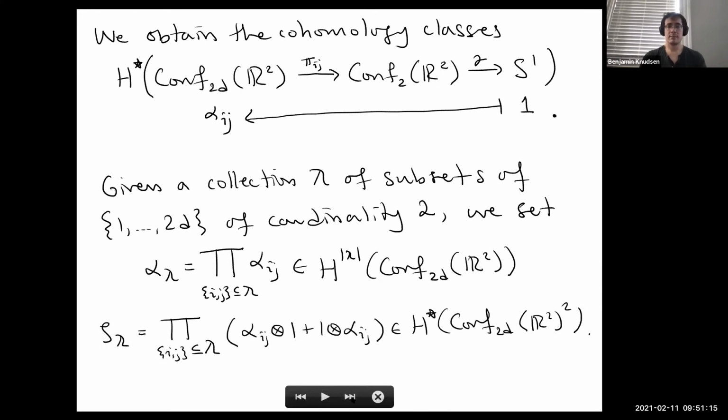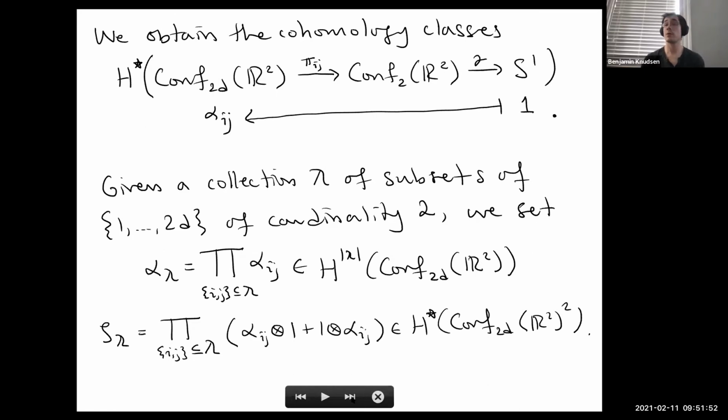And I can get a zero divisor in a similar fashion. So what can I do? For each ij, which is a subset of 2 points that lives in lambda, I can take alpha ij, and I can build a class in the cohomology of the square of the configuration space, which I'm using the Künneth theorem to regard as the tensor square of the cohomology, by just saying it's alpha ij tensor 1 plus 1 tensor alpha ij.